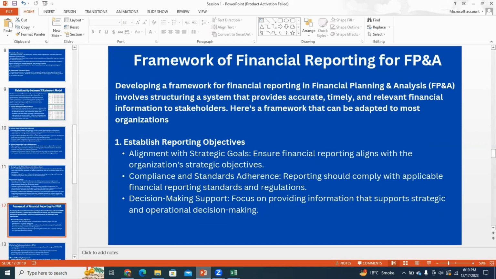The next thing it says is the framework of financial reporting for financial planning and analysis. Developing a framework, I'll tell you. There is a framework guided by IFRS, it is IAS 1. IAS 1 gives us guidance on how we can prepare financial reports and financial statements. US GAAP has separate guidelines on how to prepare financial reports.